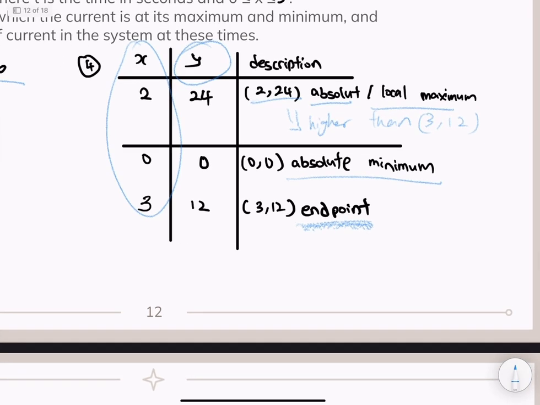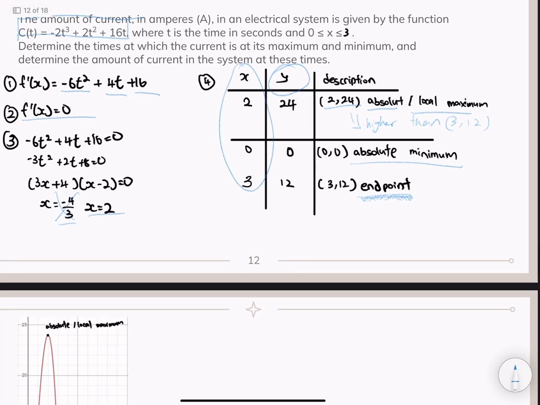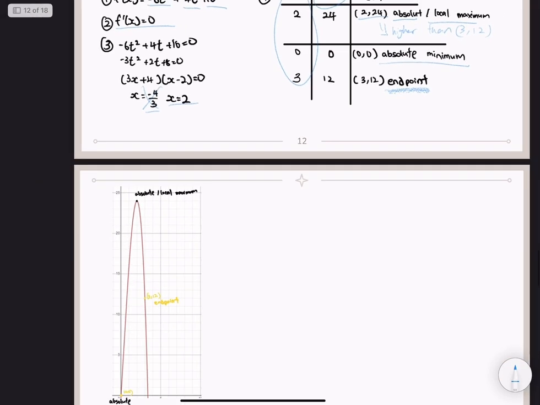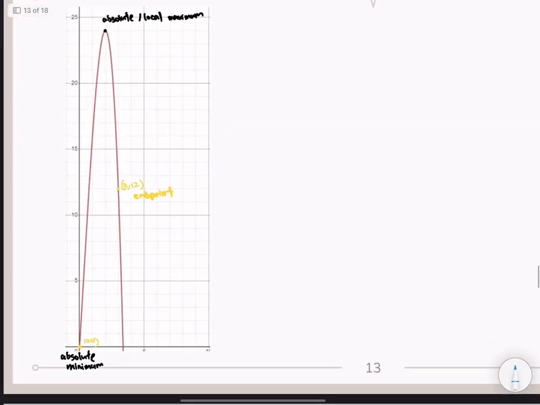But endpoint cannot be a local maximum or minimum, so it is an endpoint. We can easily see this from a graph.